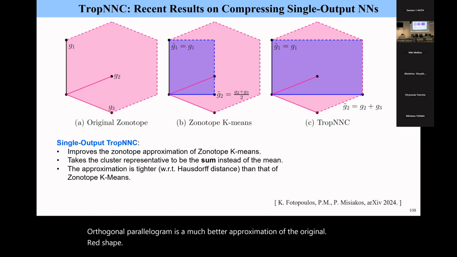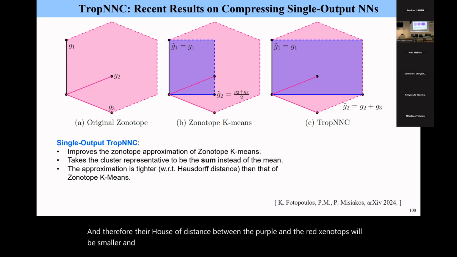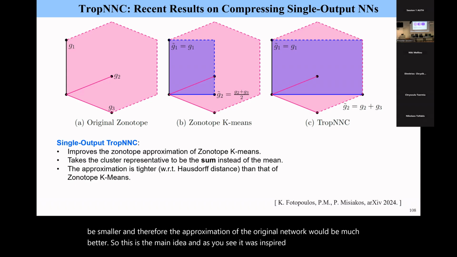And therefore, the Hausdorff distance between the purple and the red zonotopes will be smaller, and therefore the approximation of the original network will be much better. So this is the main idea, and as you see, it was inspired and designed geometrically using the zonotopes.